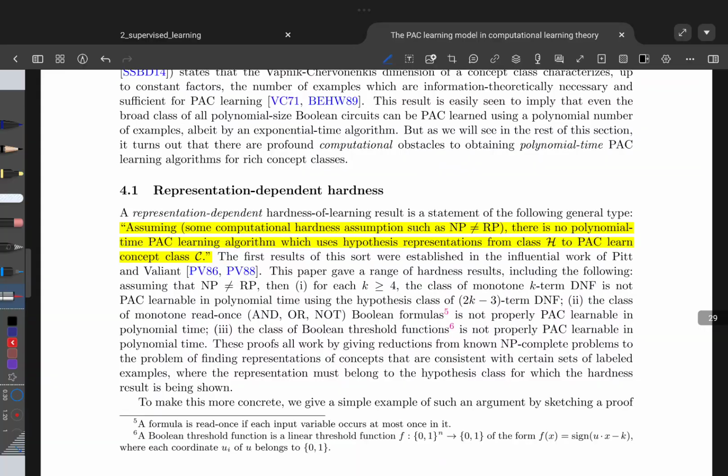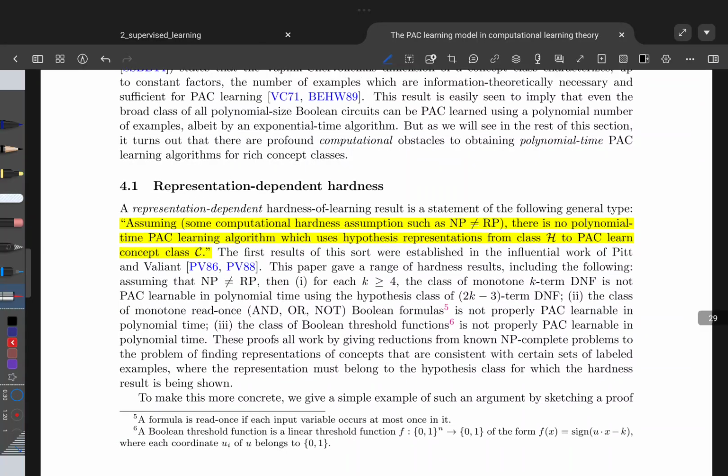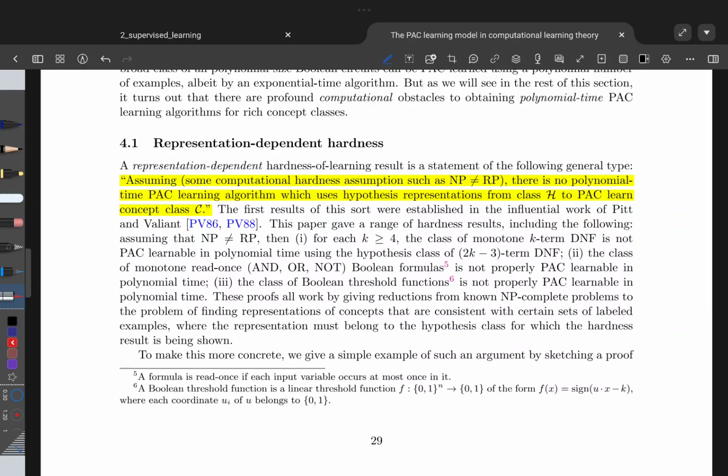And there are also pretty nice descriptions. So all of what you've seen so far were sort of positive results: when can you learn a function computationally efficiently? The converse results are when is it impossible to learn certain classes of functions efficiently.